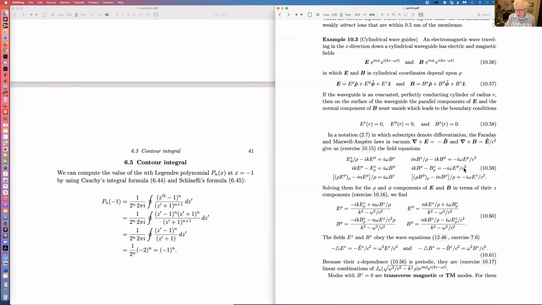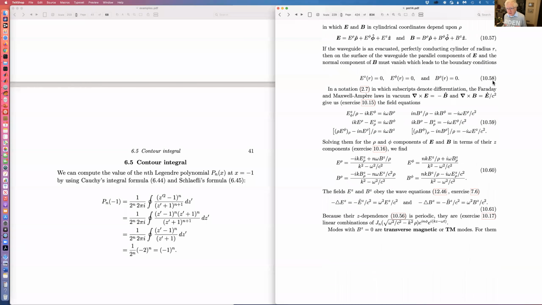And then the rest just comes from using the formulas for the Faraday and Maxwell Ampere equations in cylindrical coordinates. Cylindrical coordinates because we're dealing with a cylindrical waveguide. So that's a hint for that.